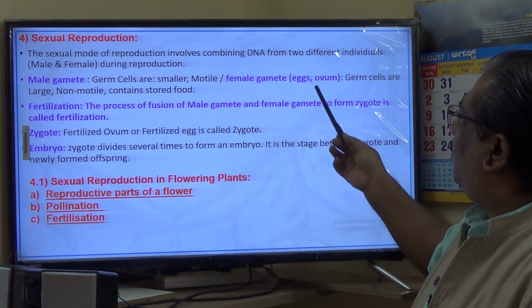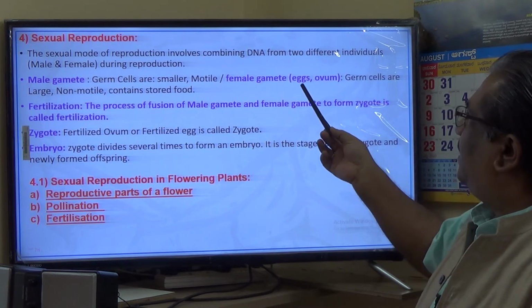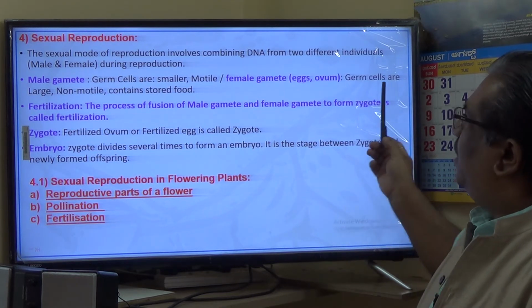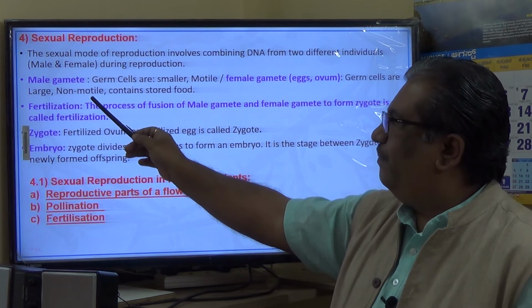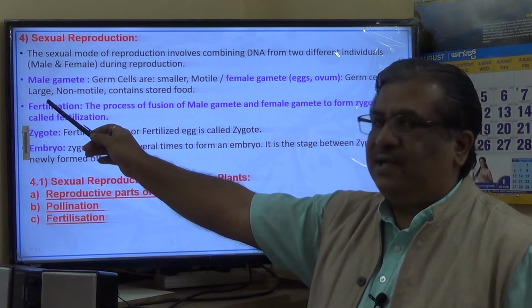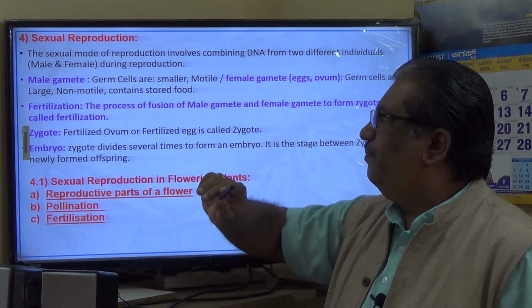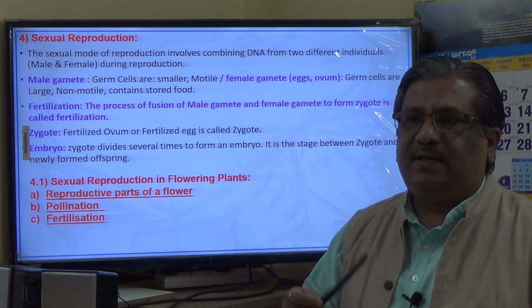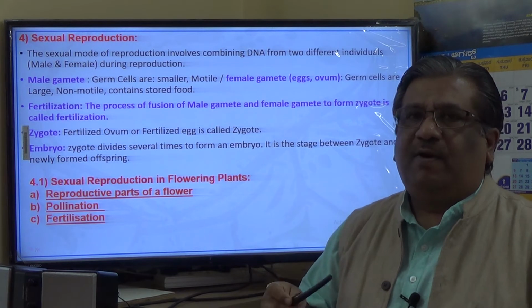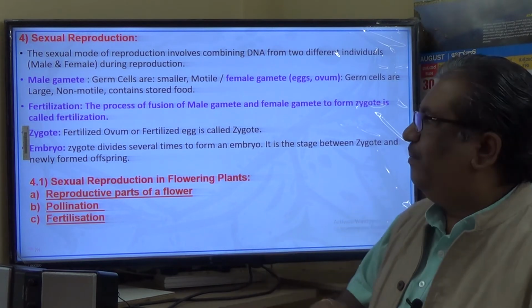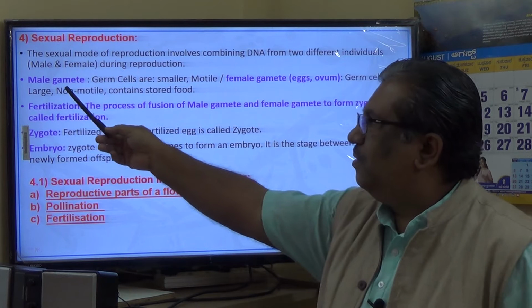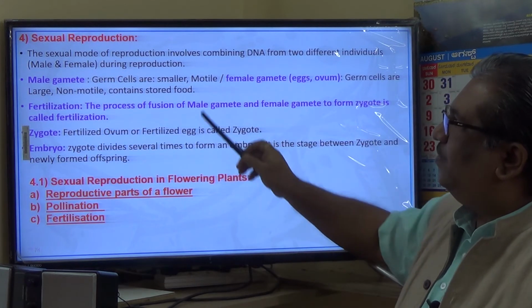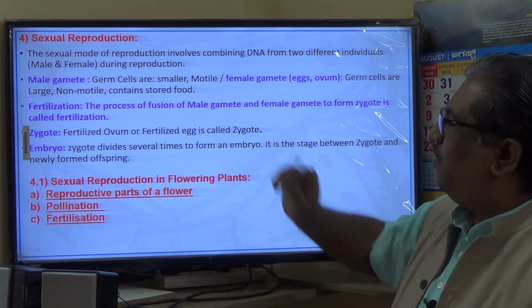Female gametes or female germ cells, which are eggs or ovum we can also call, are non-motile first of all. Those are larger in size comparatively, and they store food because that food is required for the further nutrition. So male gametes, female gametes, which are also called germ cells, and the nature you have understood.